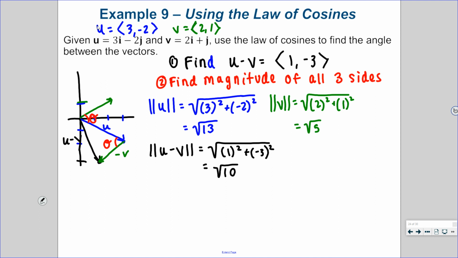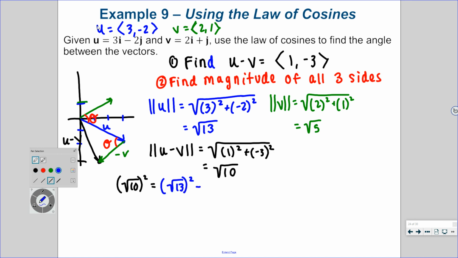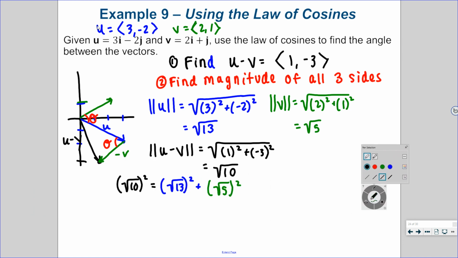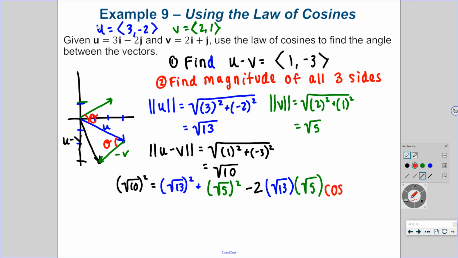Since I want to know this angle, I start the law of cosines with its opposite side being squared. And that's equal to the two sides that include the angle squared, so u and v, their sum, minus 2 times the length of those included sides, times the cosine of theta, and that's what we're trying to find.